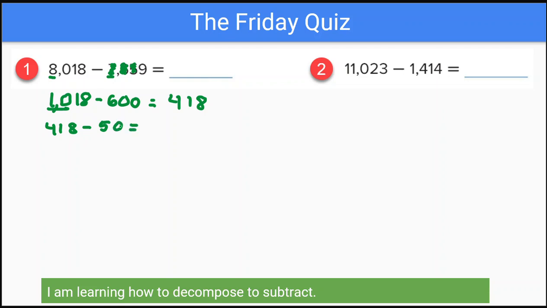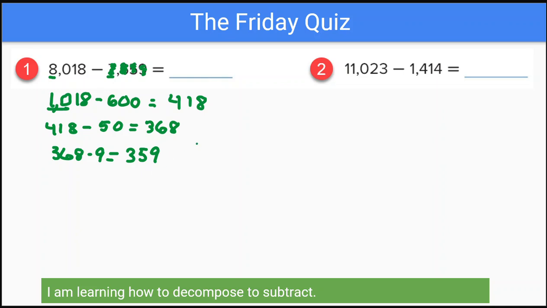Okay, that's a little bit tricky, but it's going to be 368. Okay, now we need to take away this 9 right here. So 368, take away 9. Okay, we can do that. All right, that equals 359. Okay, and there's your answer.